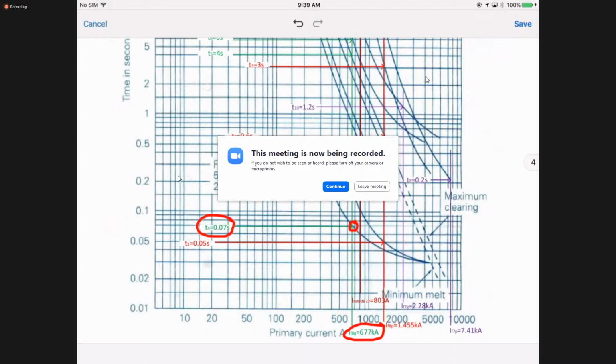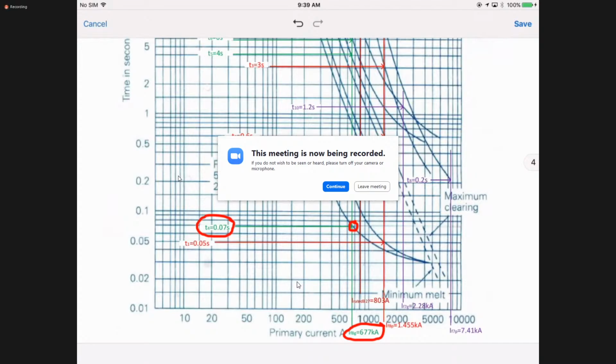Once you cut off the source, it will be open. So if it is a flashover, it opens at 0.07 second, and then you close it again, and the system will recover. But I'm talking about this green line.